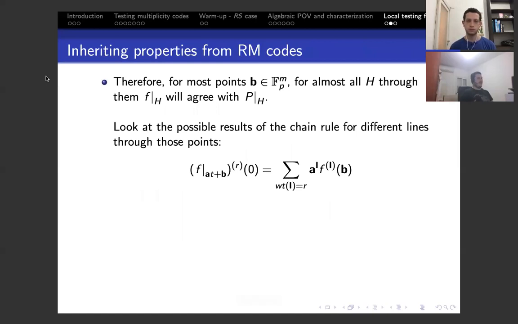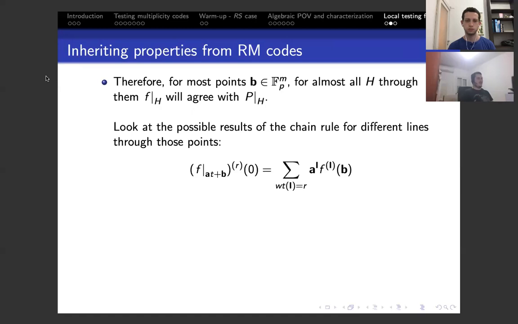Now we start looking pointwise instead of on k-dimensional subspaces, and we say that for most points and for almost all subspaces through them, f on H will agree with P on H. Now we move from these subspaces to lines, and we say, let's look at all the possible results of chain rules for different lines through those points.